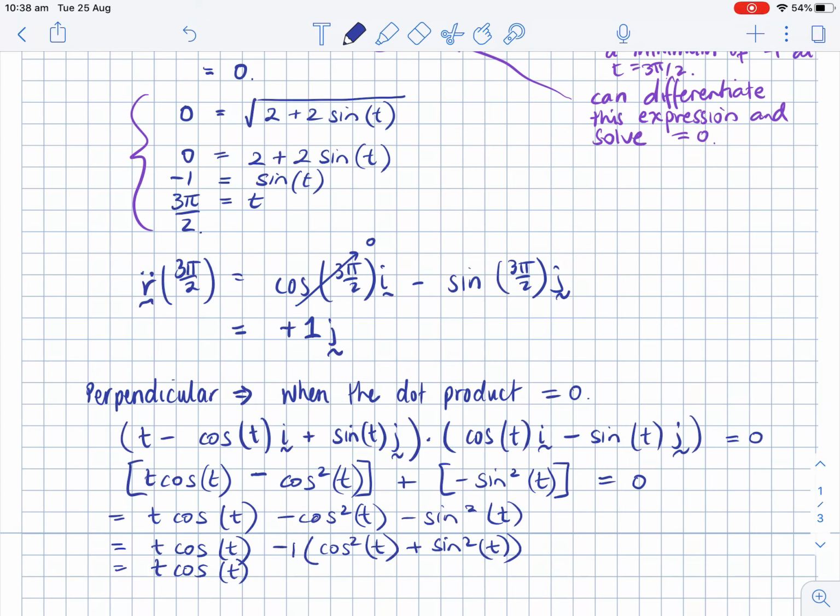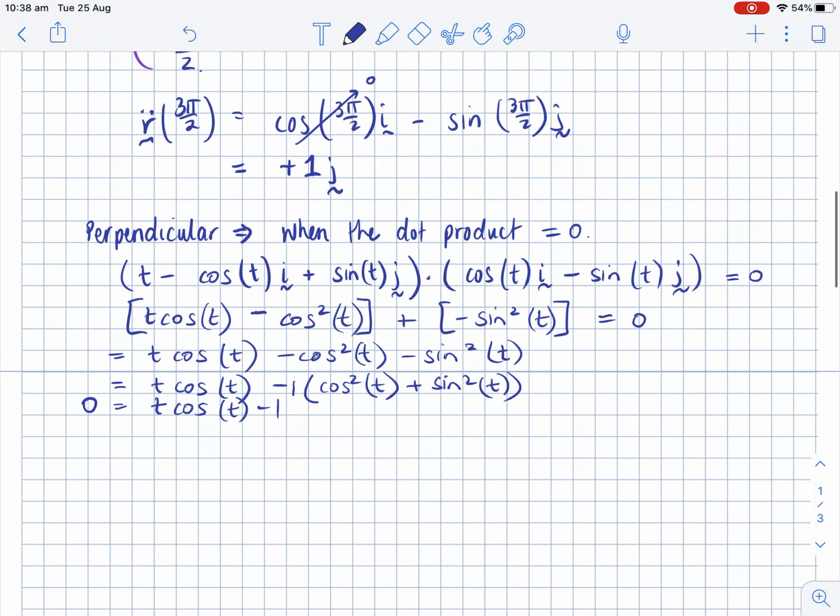So we get t cos t minus 1. And we want to find out when this is equal to 0. So we want to know when t cos t is equal to 1. So move the 1 to the left-hand side. And we need to solve this expression.